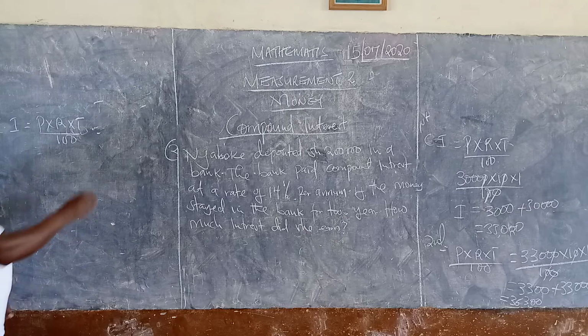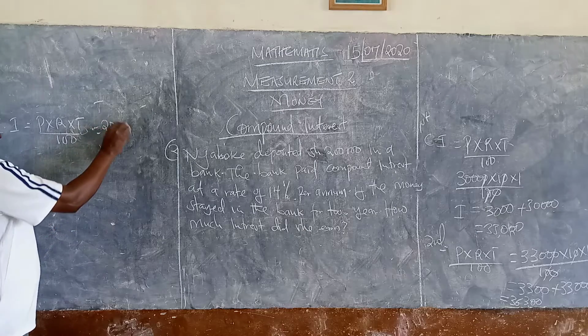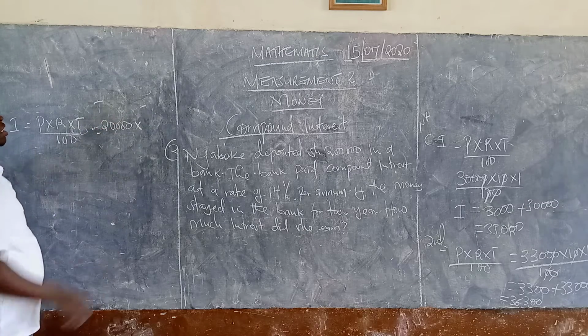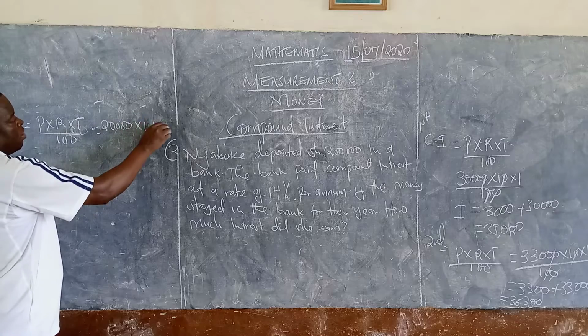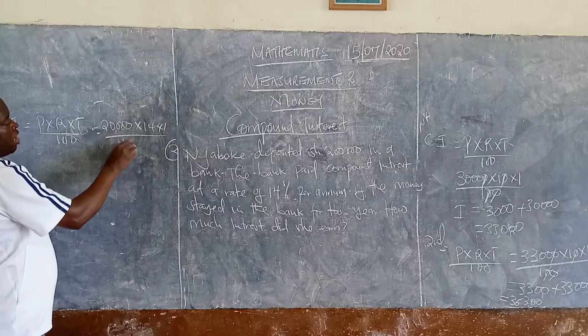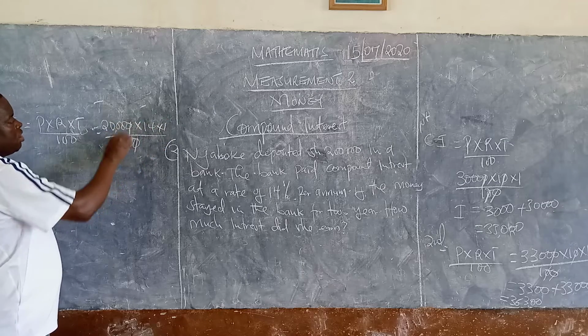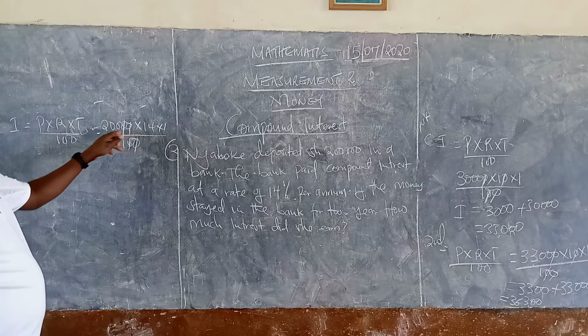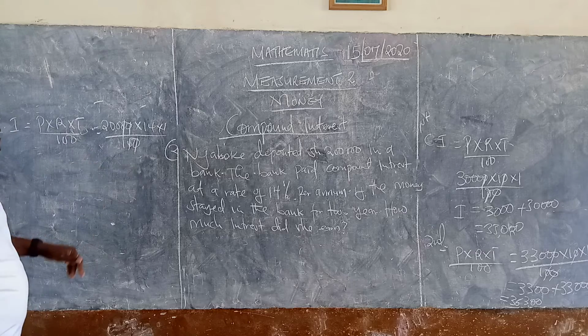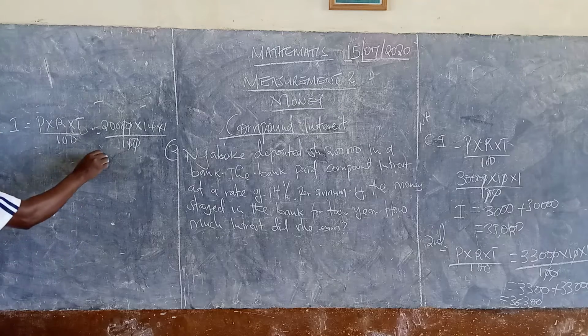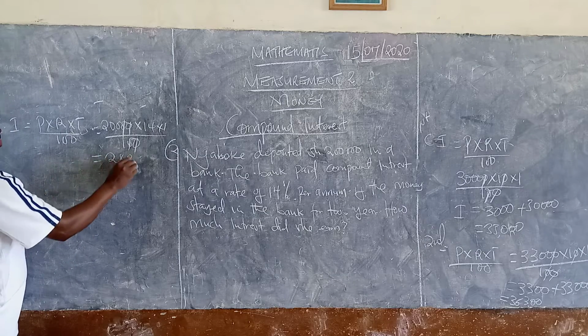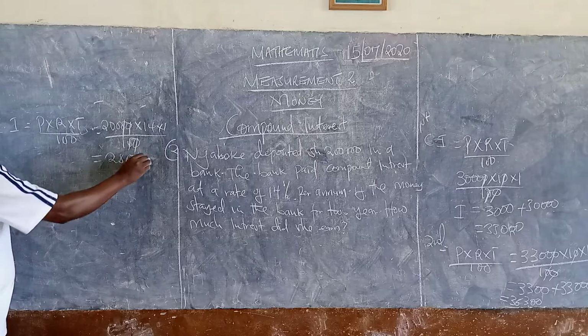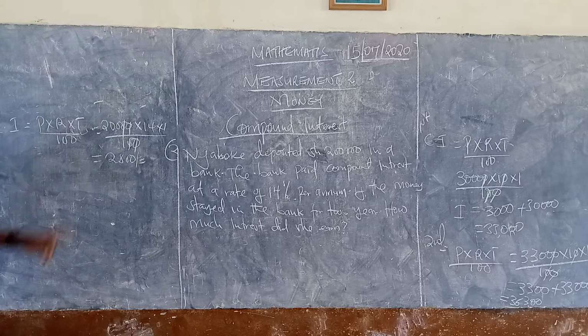Our principal is 200,000. That is the money that has been deposited. Then our rate is 14 multiplied by 1 over 100. 0 and 0, 0 and 0. So we have 1,400 multiplied by 2 is 2,800. Now, this is the interest for the first year.